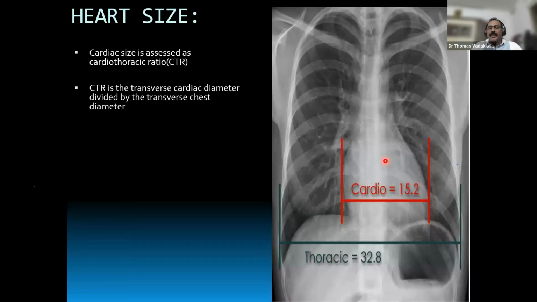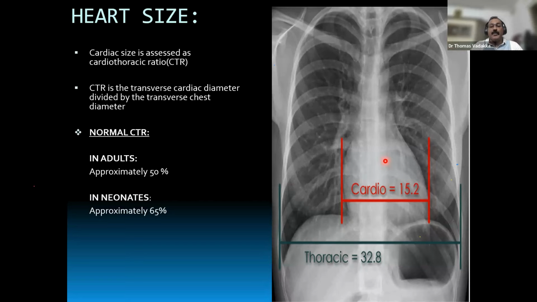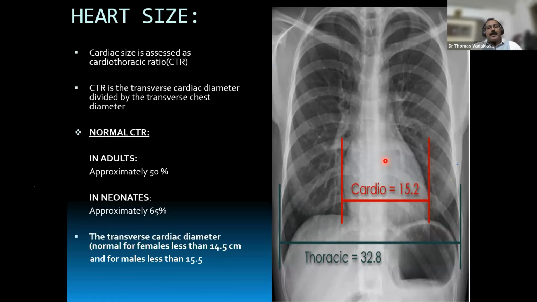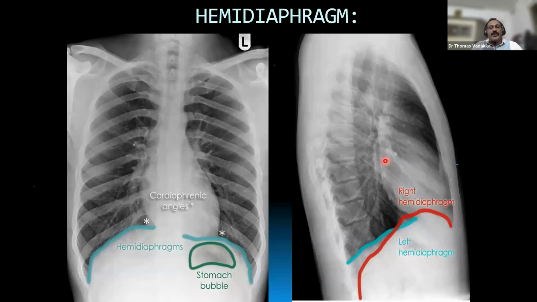You make the ratio. In males, usually it is less than 50%, and in females, it may go up to 55, but it should be less than 55. In neonates, of course, it will be more. It may reach up to 65%. If cardiomegaly is there, definitely you have to assess which chambers are enlarged or not.